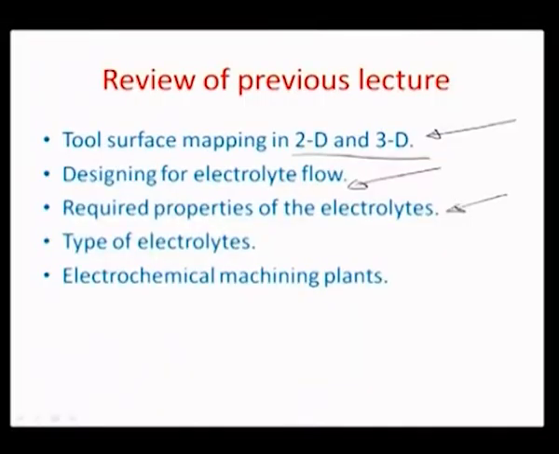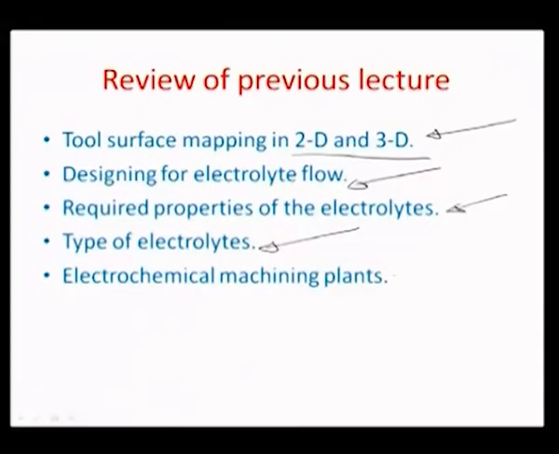We also looked at some standard metals and the electrolytes which are used therein for the purpose of ECM, and then we designed certain electrochemical machining plants looking into the very basic requirements of such ECM units. The basic requirement is a rigid stage and a rigid workpiece tool holder, which is important because the gaps which are maintained in equilibrium of an ECM process are typically of the order of a few microns, few tens of microns, and then it necessitates the surface properties become more prominent.